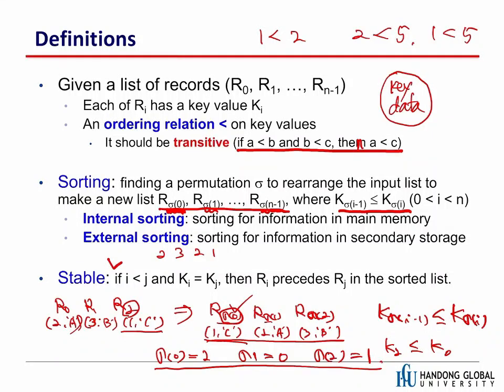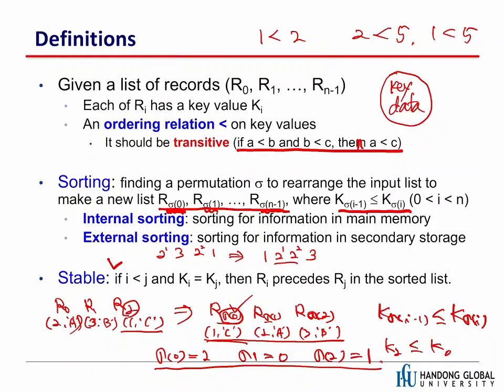To distinguish, let me put another superscript here: this is 1, this is 2. So this is the first 2 and this one is the second 2. When we sort this list, it is 1, then the first 2, the second 2, and 3. We don't change the order of these two, so this is a stable sorting algorithm.